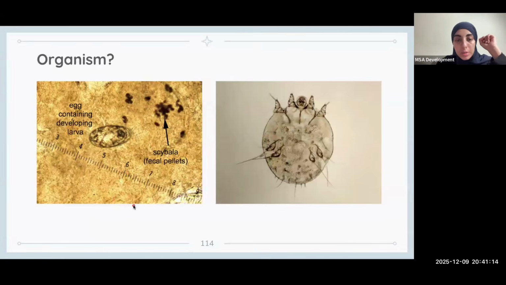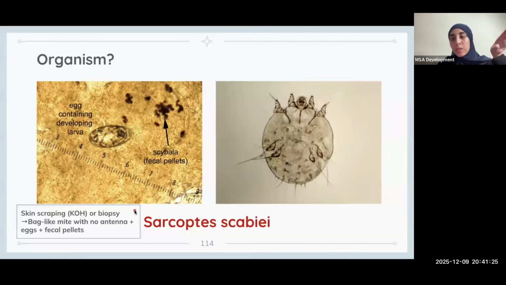And what is this organism? This is Sarcoptes scabiei. It's the cause for all the previous ones that we were talking about. So how did we reach this? Basically, how do we diagnose it? When you see the rash that we saw in the previous pictures, you take scrapings of the rash and put them under potassium hydroxide, just like we did with fungi.